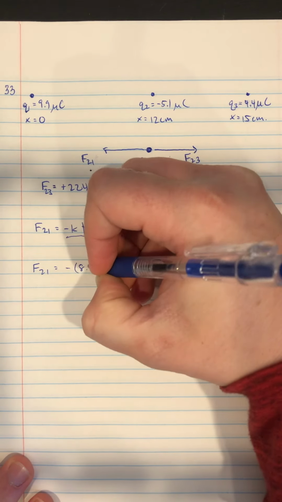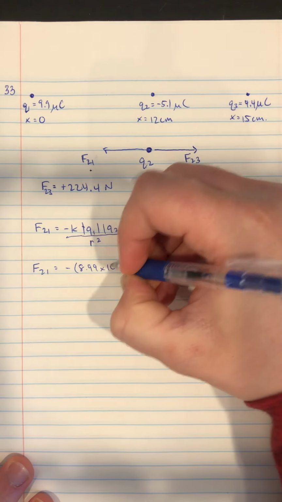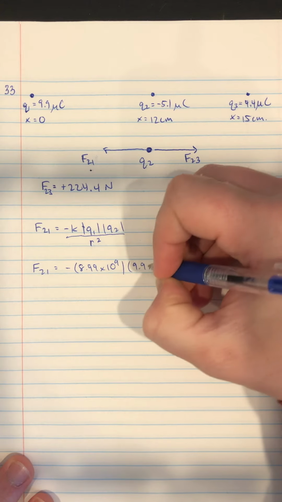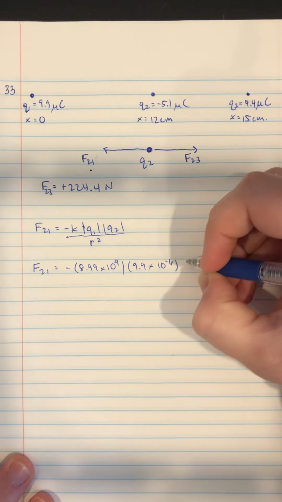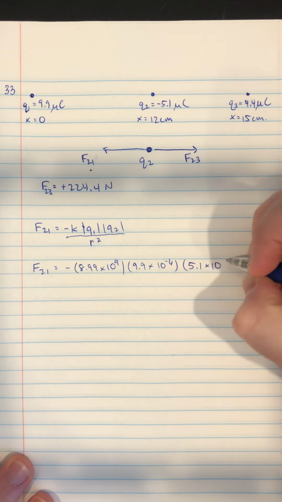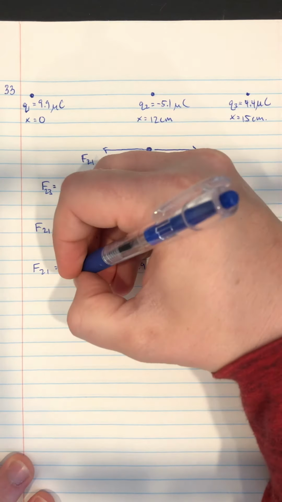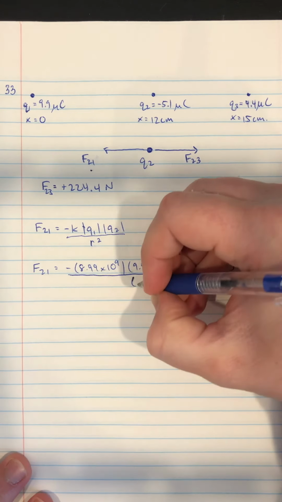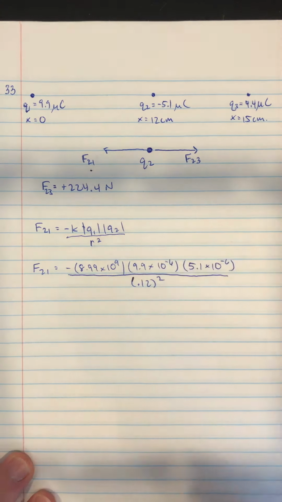Negative 8.99 times 10 to the 9th times 9.9 times 10 to the negative 6th times 5.1 times 10 to the negative 6th divided by, this time, it's 12 centimeters, so 0.12 squared.